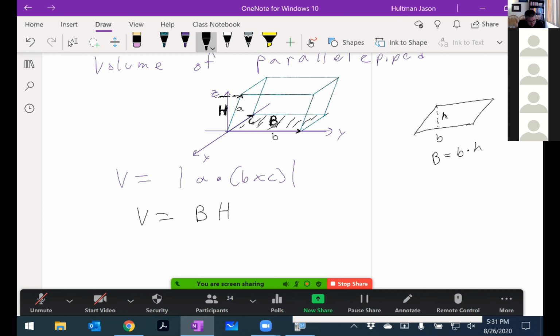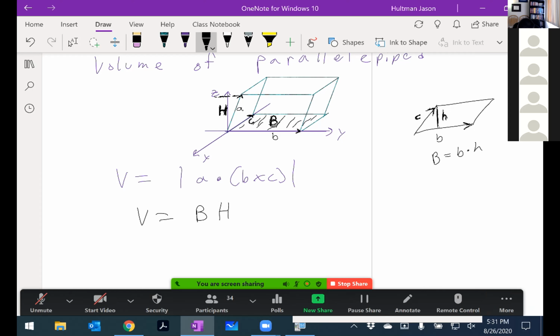So how can we find the base area here? Oh, okay. Well, we need to figure out what B is first. What's the base area here? Well, what did we say? We said that this guy was vector B, and this guy was vector C, right? Vector B and vector C. How could I find H here?